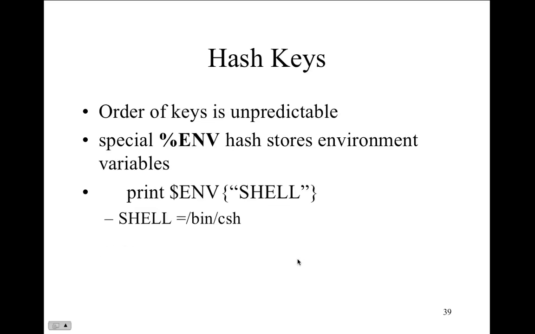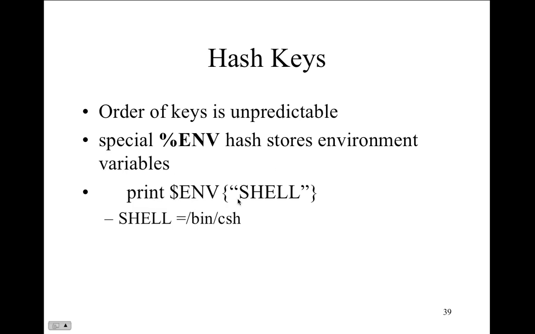In terms of hash keys, remember in the beginning of this lecture I said one of the beautiful parts about Perl is you can use environment variables directly inside of it. You don't have to copy stuff in and do stuff like that. So here the special %ENV hash stores environment variables. We have print the environment variable shell.